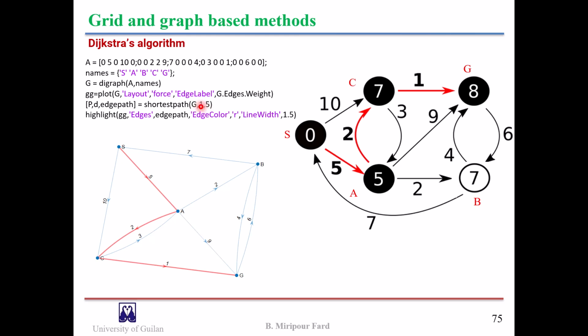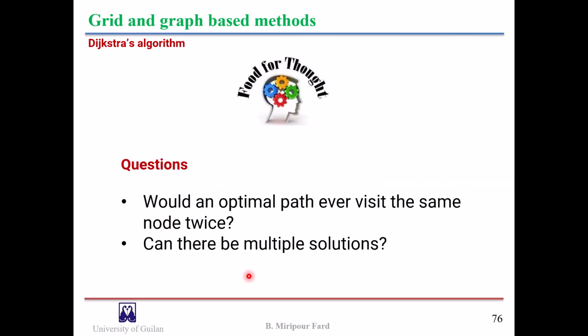For example, here we should obtain the shortest path between node 1, which is S, and node number 5, which is node G in our example. This function returns the shortest path, the length of the shortest path, as well as the indices of the edges on the shortest path from start to goal that are shown in red in this figure obtained from MATLAB.